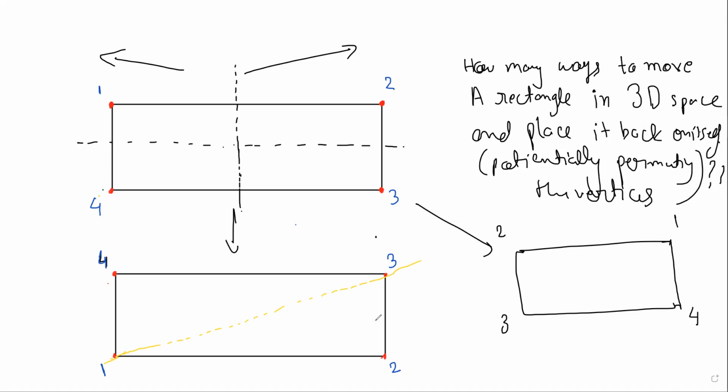But yes, something like that we can do. I mean, we can try to send 4 to 2 and think. Or you can just do it vertex-wise also.